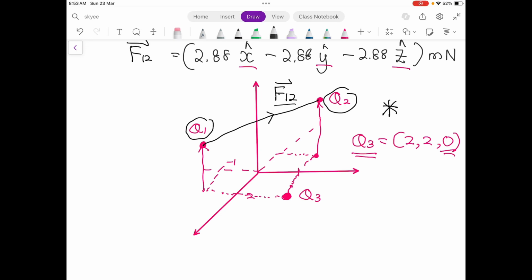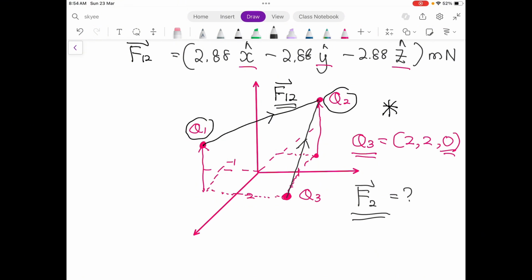So this F12 shows that Q1 is giving force to Q2, right? Now I give you a new Q3 and I'm asking you, what is the total force acting on Q2? When you top up with the new charge, this new charge will give force to the Q2 also.